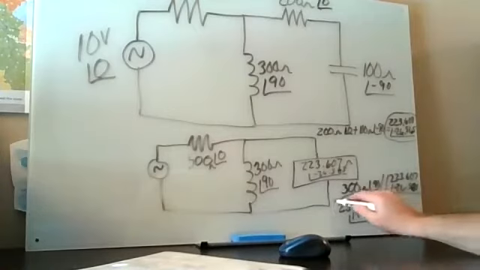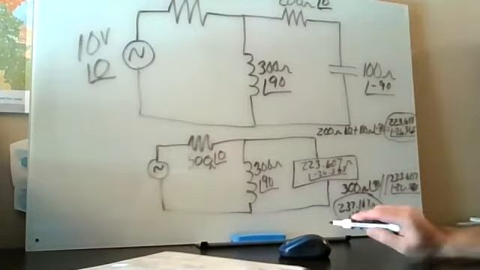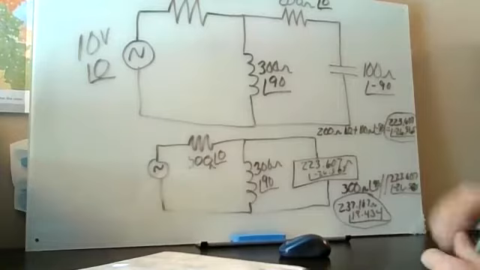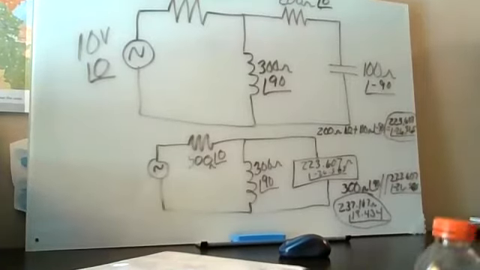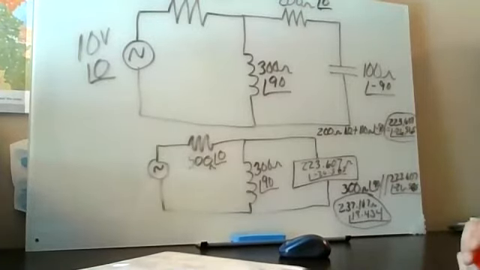I'm going to circle that one. I did that wrong. Make sure you put everything in parentheses. Don't multiply. In parentheses, shift reciprocal, plus.